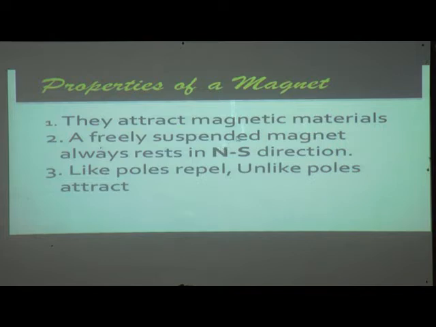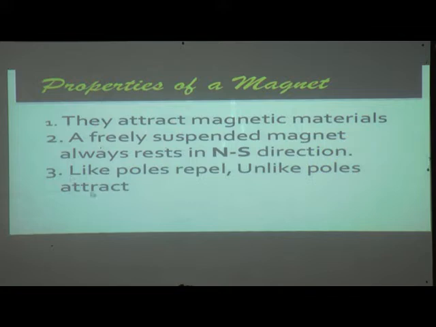We can tell which is the north side, which is the south direction, which is the west direction, which is the east direction, like this. So when we keep any free or suspended magnet, it will always be at rest, okay, it will always show the north-south direction.